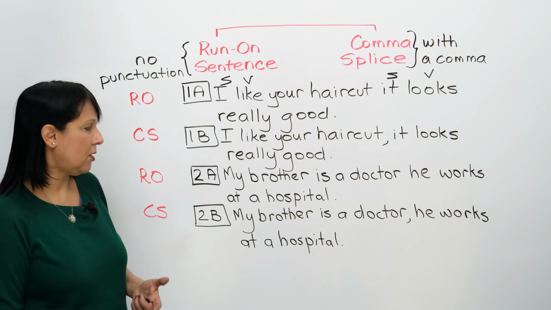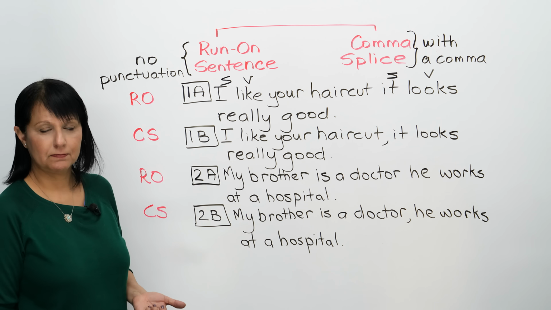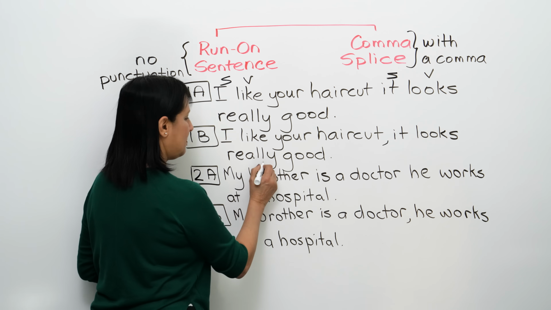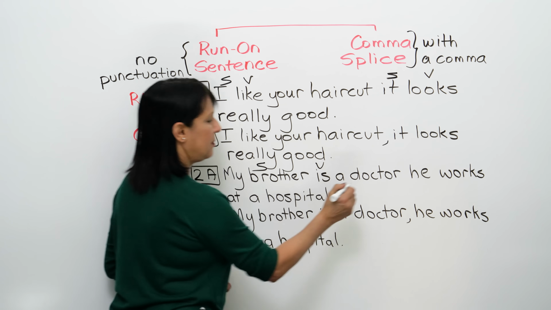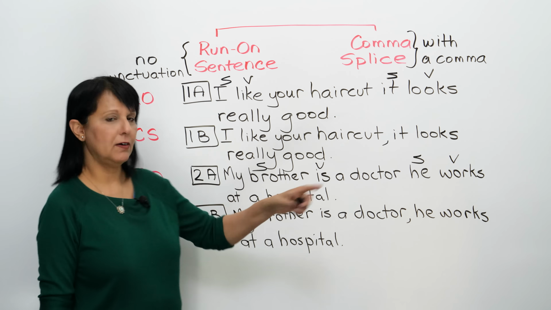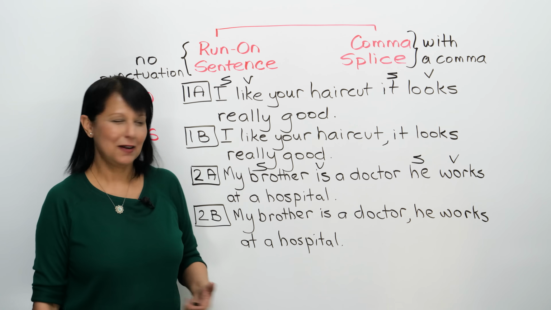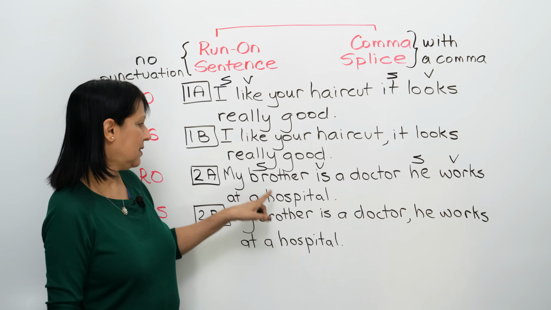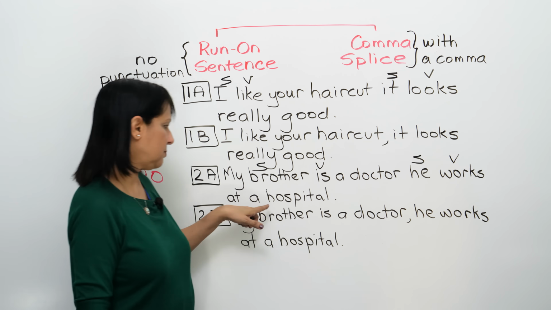My brother is a doctor. He works at a hospital. So by now, you can probably tell me, here we have my brother is the subject, is the verb, he is the subject, works is the verb, but these are two sentences, right? But what happened? The writer wrote them as one long sentence. My brother is a doctor, he works at a hospital.